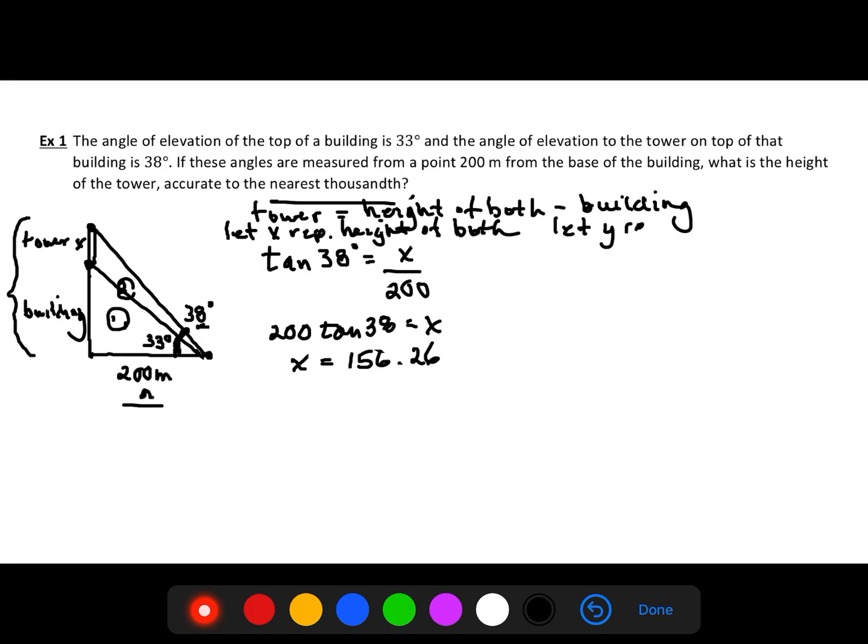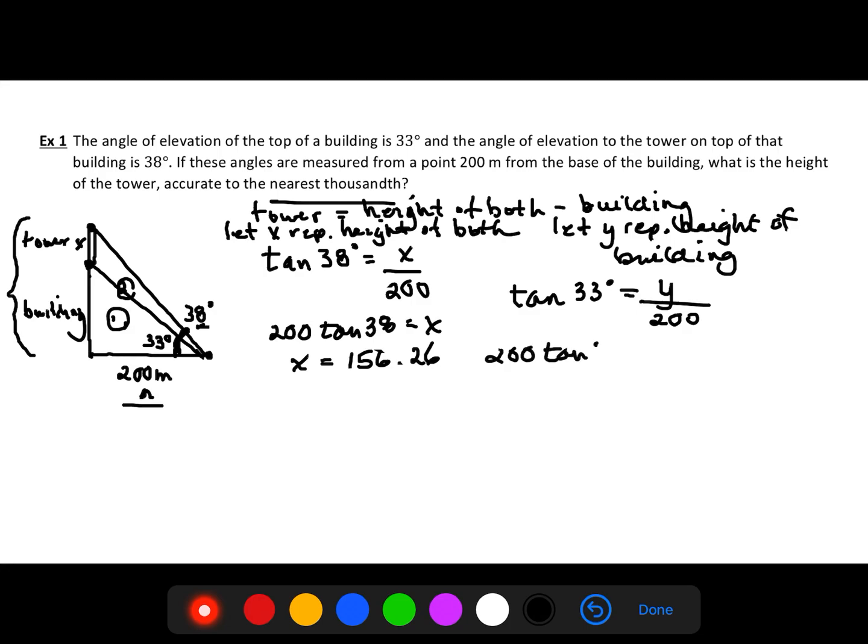Now, the second part is we want to know how high the building is. So we're going to let y represent height of the building. Notice we need to use a different variable, and this time our angle of elevation is 33 degrees: tan 33 equals y over 200.